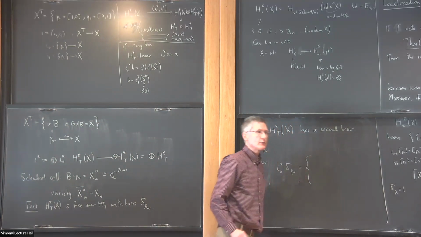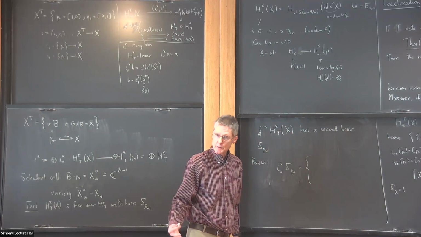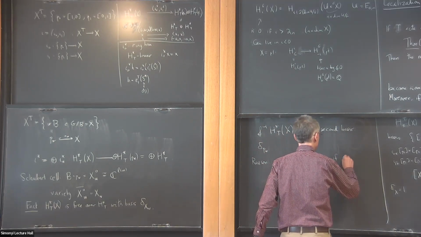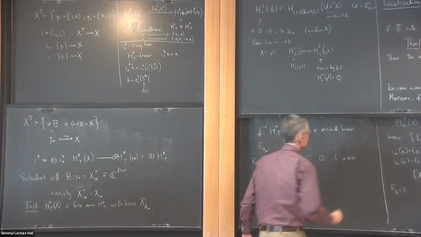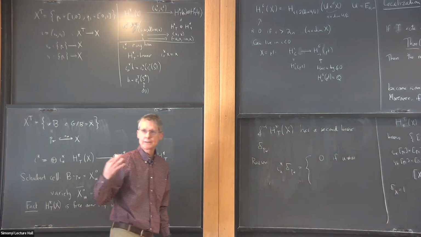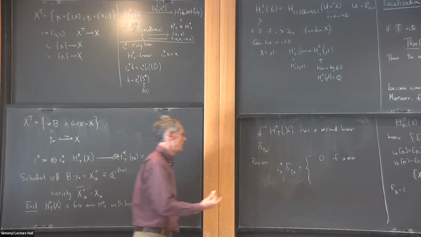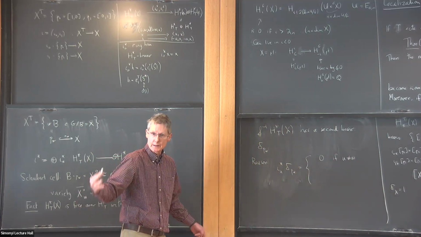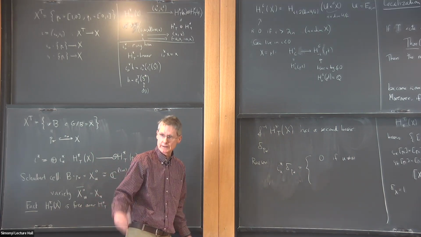If u is not equal to w, this pullback is zero. Morally speaking, this is like an intersection of classes, and if P_u and P_w are not equal to each other, they don't intersect, so the pullback is zero.